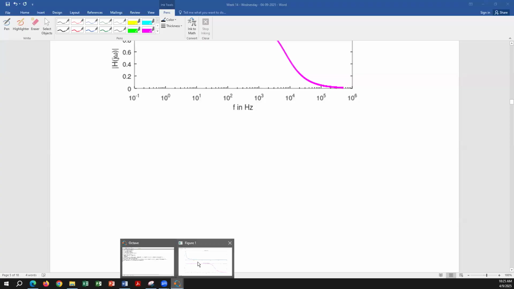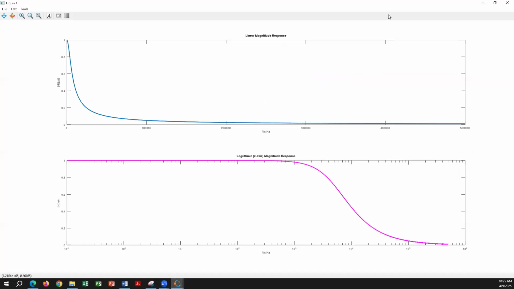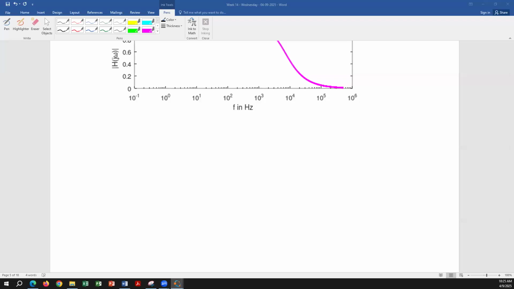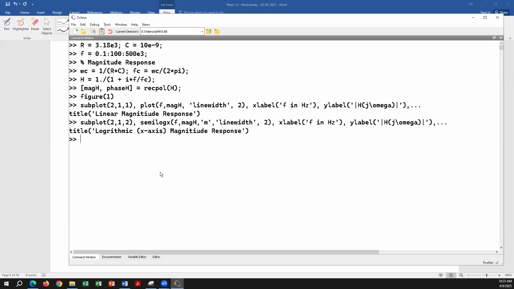Okay, what about the phase plot? Similar, we can do the phase plot like we did the magnitude plot. For the phase plot, our equation is H equal to, we already have that actually, the phase of H. So we're going to go ahead and plot that.